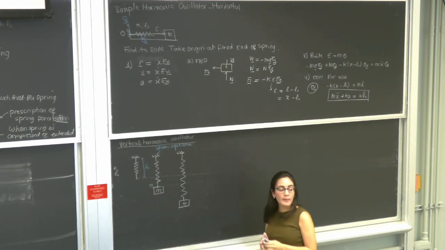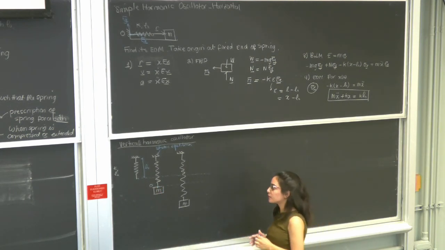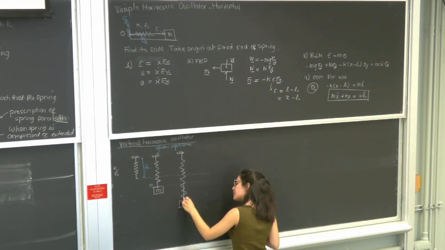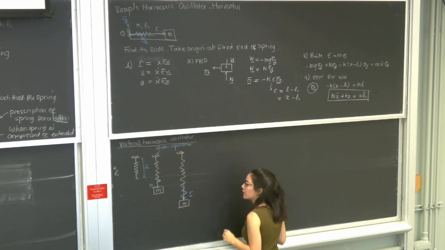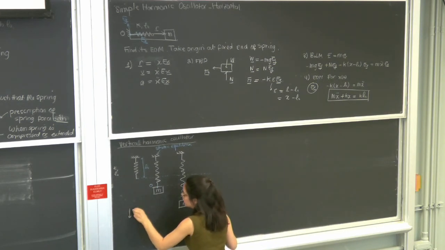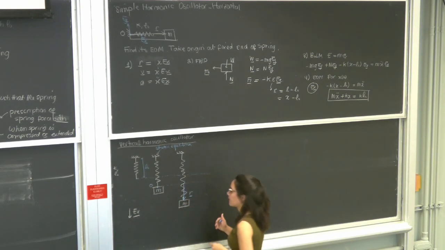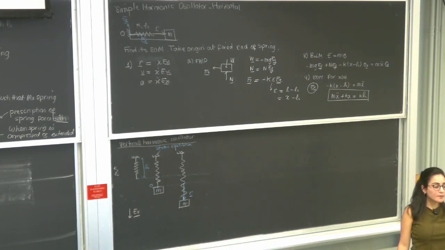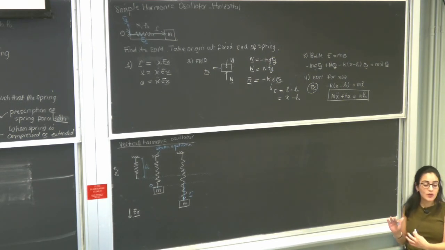And in this problem, I'm going to take my origin to be here. So that's my position vector to the mass. I'm going to take Ex pointing down. Okay, do you understand what's going on? So in the middle state, this mass is being suspended, but it's not oscillating. So this is an equilibrium configuration.